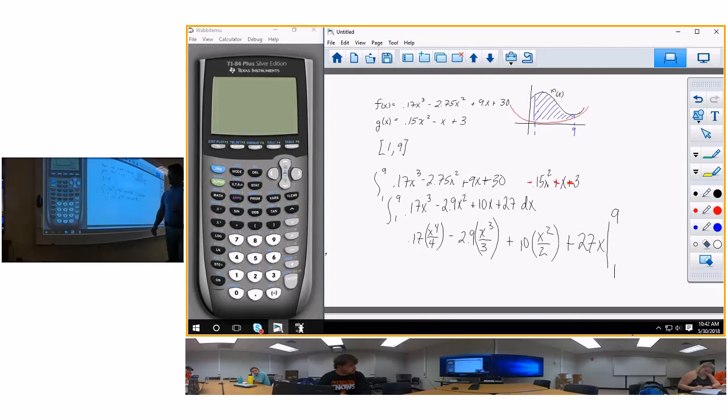Somebody take 0.17 and divide by 4. What do you get? 0.0425. 0.0425 x to the fourth minus, take 2.9 and divide by 3. 0.967 x cubed. I'll do this one for you. 5 x squared plus 27x, from 1 to 9.